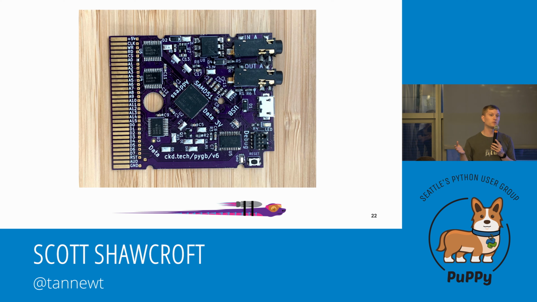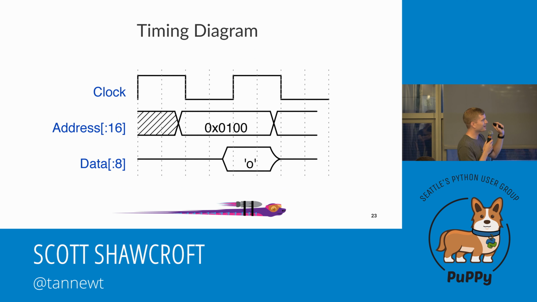When you have multiple wires that work in tandem, that's called a bus. So I'll just call it an address bus. That address bus carries a 16-bit value over 16 wires. And then right below that we have D0 through D7. That's our data bus. That carries 8 bits of data. The other ones are kind of important, but we can skip them.